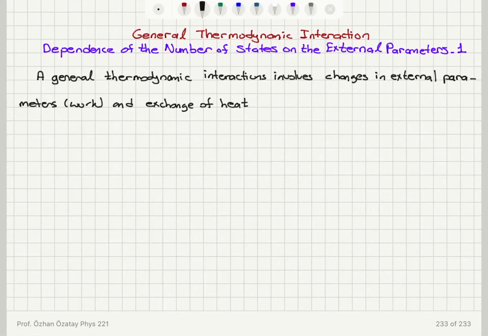So that's thermodynamic interaction. So this basically completes the theory of statistical thermodynamics.